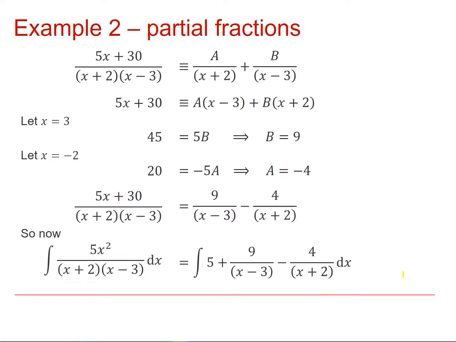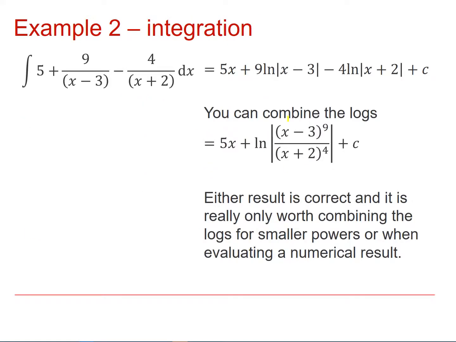Okay, so there's that working, tidied up for you. That's the partial fractions working through here to give me the partial fractions result, and that leaves me with that integral. And then there's the integration worked through, so I get 5x plus 9 log (x - 3) minus 4 log (x + 2) plus c.